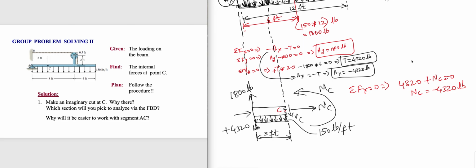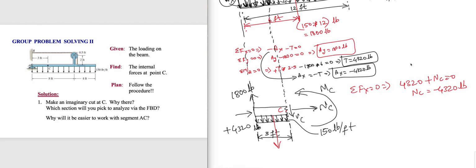What is the equivalent load due to the distributed load? That would be acting at the center, and that would be 150 times 3 pounds. What is 150 times 3? 450 pounds, right? And that is acting at 1.5 feet from the left edge, or because it's the center, even from the right edge.